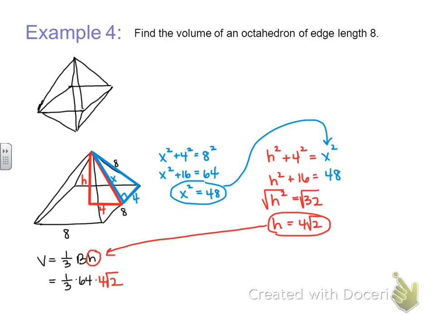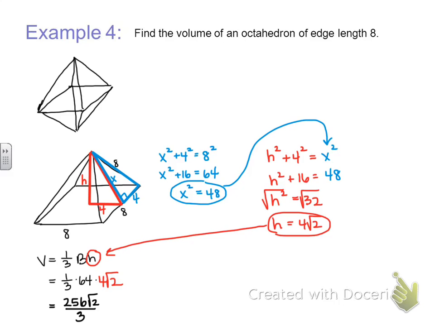So now to find the volume of this pyramid, all that I have to do is multiply all that across. So if I do 64 times 4, what do I get? 256 root 2 all over 3.